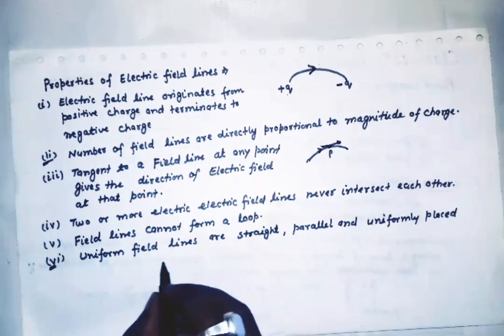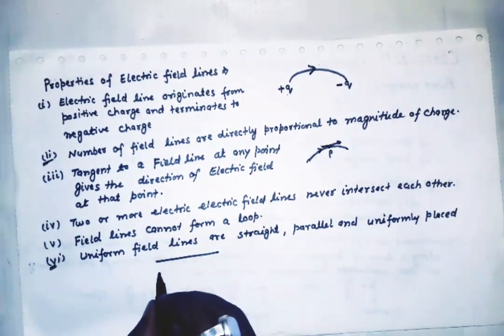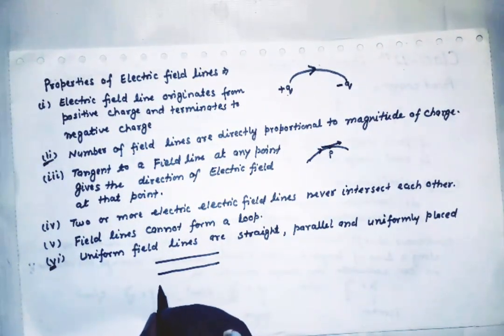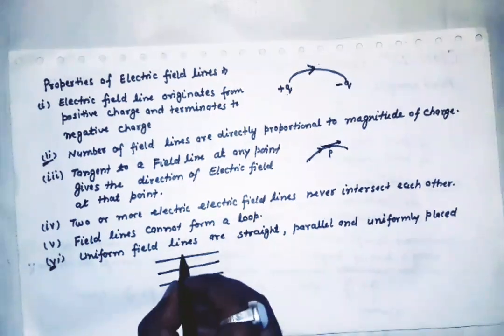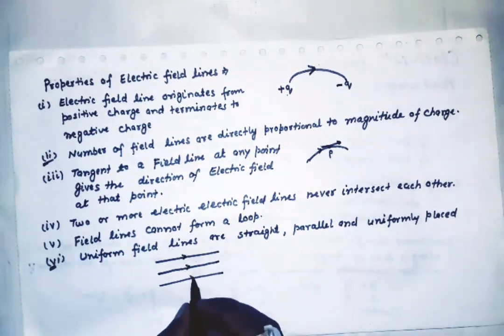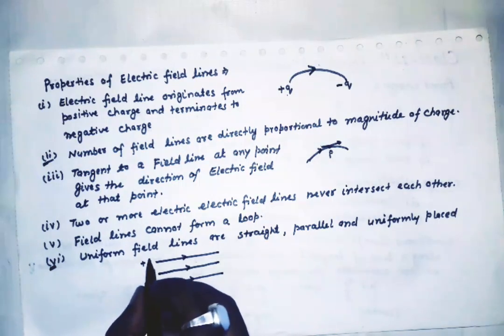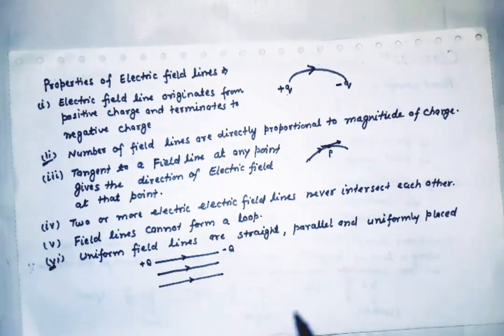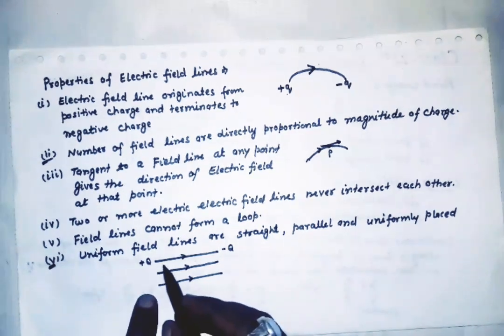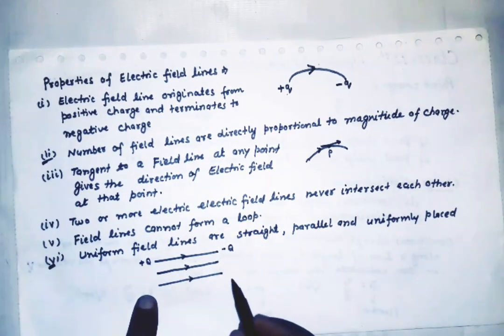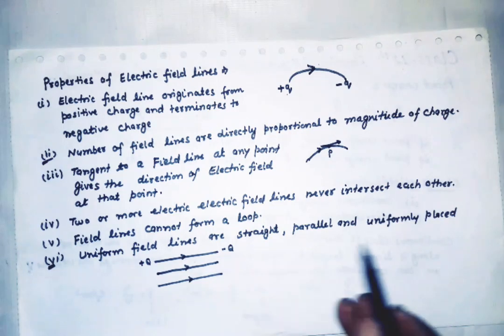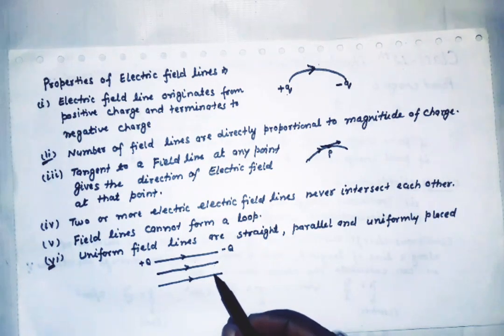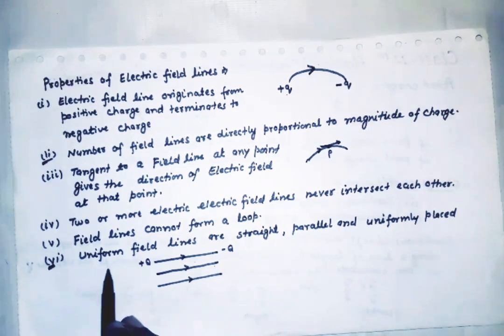Such lines are called uniform field lines. Separation between them is equal. They are straight, parallel to each other, and uniformly placed, meaning separation between them is equal. Then they are said to be uniform field lines.